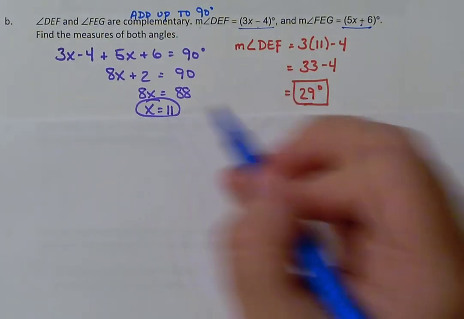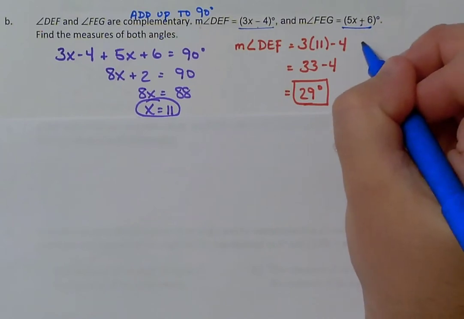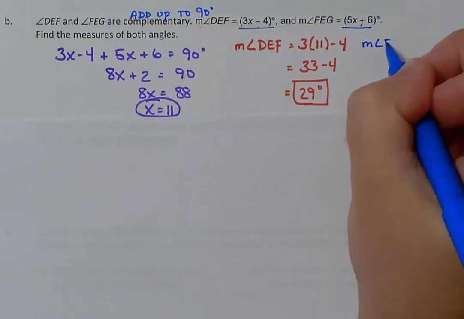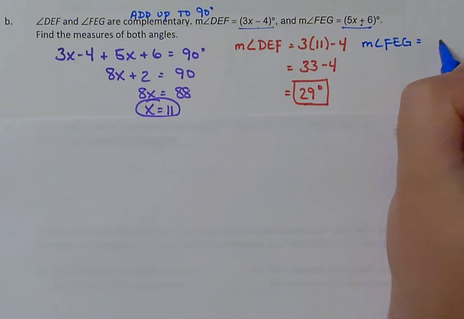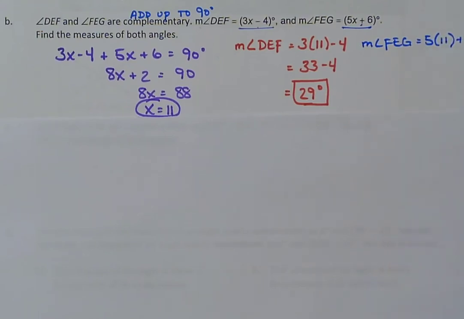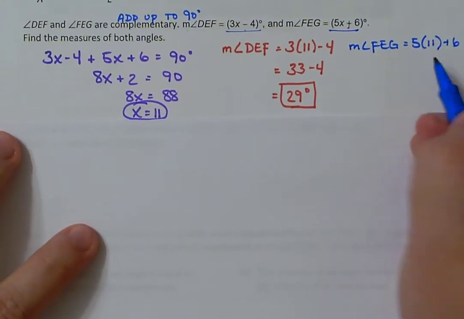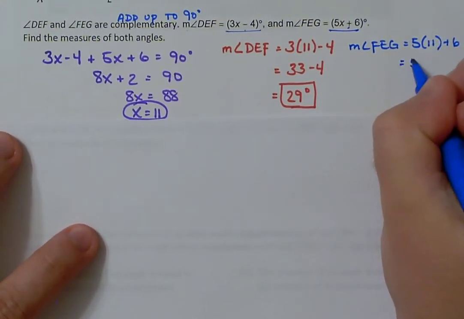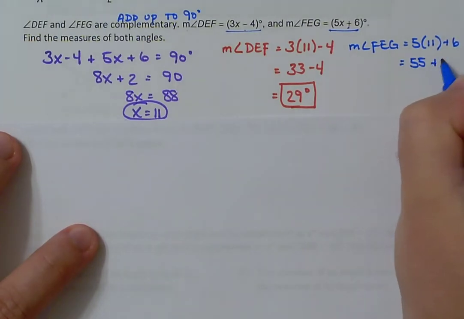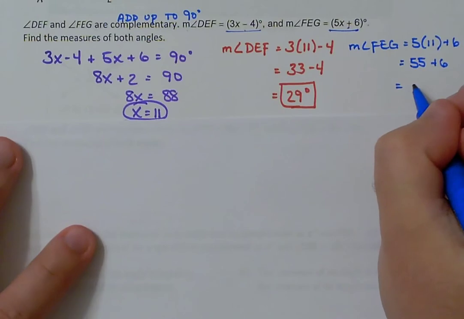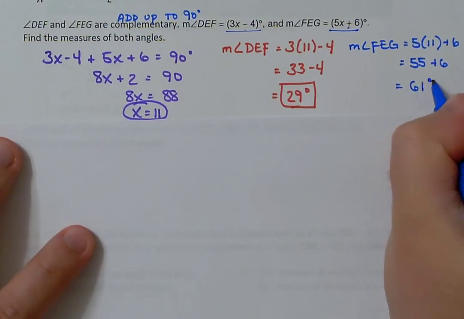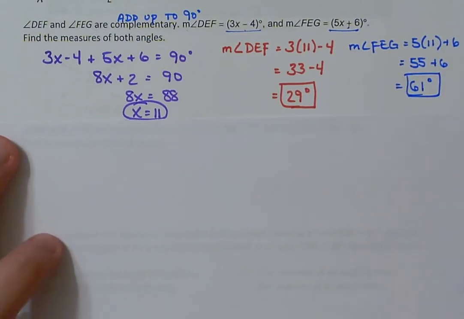And then if I take 11 and plug it in for the measure of angle FEG, we're going to have 5 times 11 plus 6. So if we do 5 times 11, we get 55 plus 6, and then 55 plus 6 is going to give me 61 degrees.